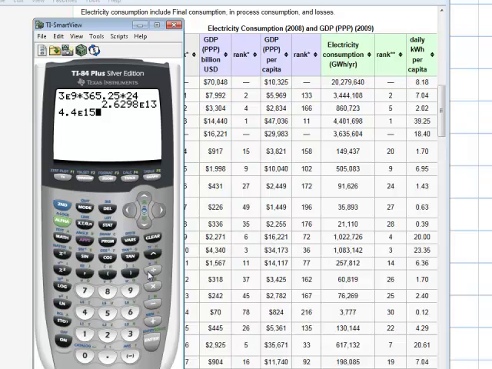I divide that number by the 2.6 times 10 to the 13 watt hours that the power plant in the problem produces, and I come up with 167. That number means that if there were 167 such power plants in the United States, they would produce the entire electricity needed for the United States.